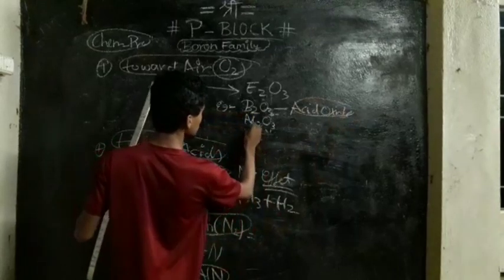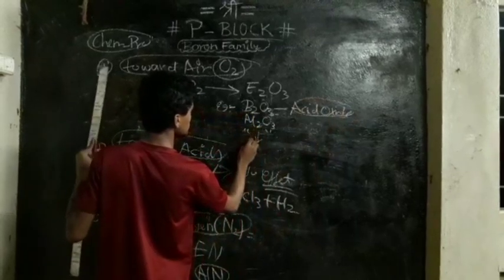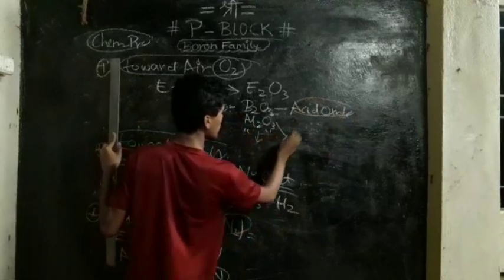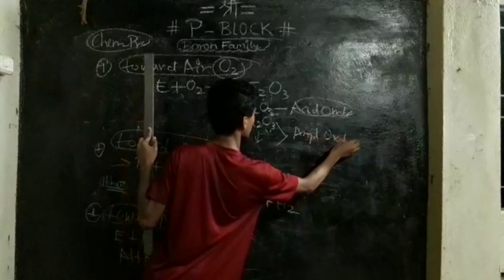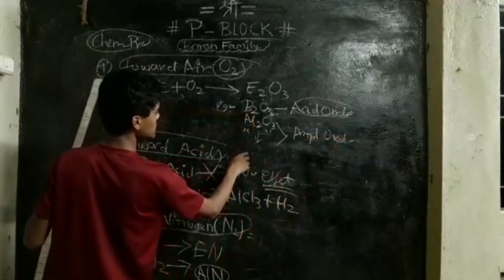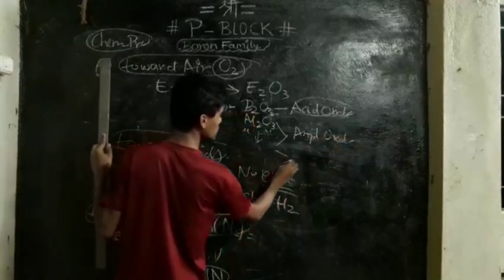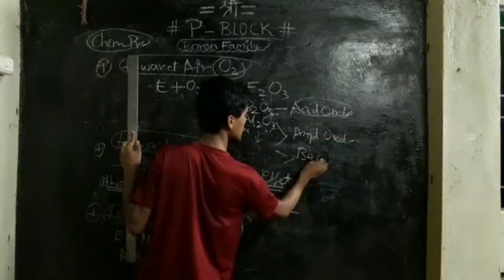Aluminium and gallium form amphoteric oxides, and indium and thallium form basic oxides.